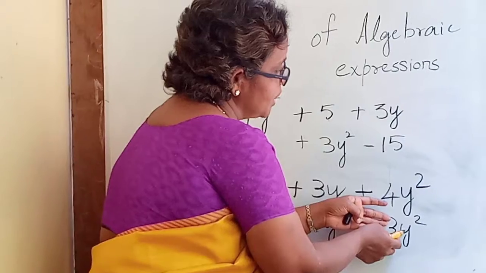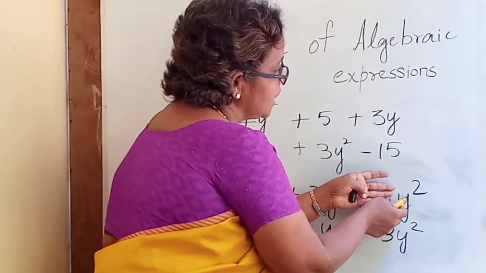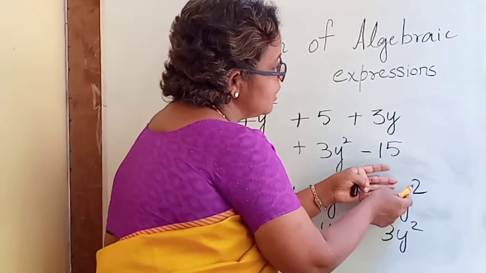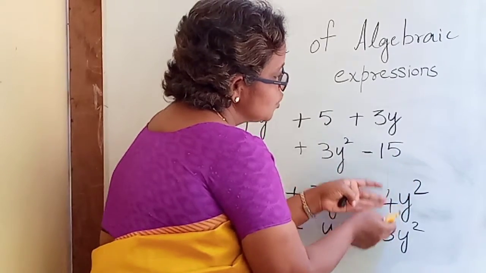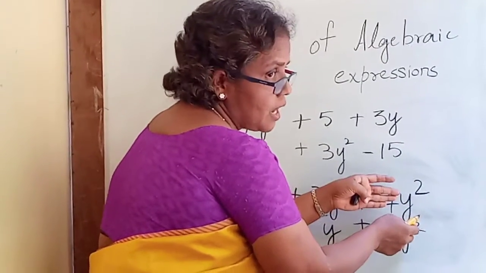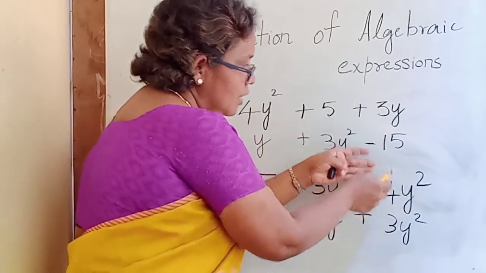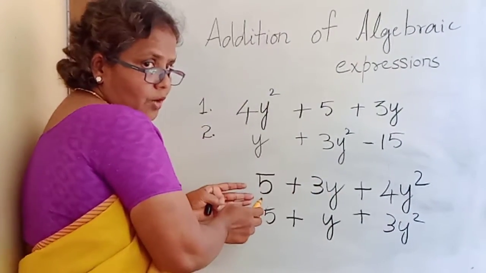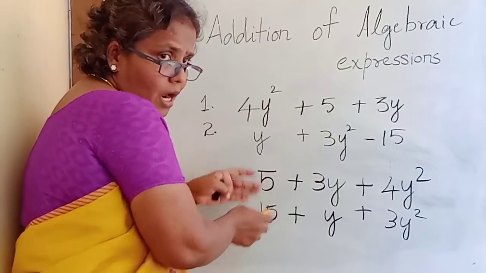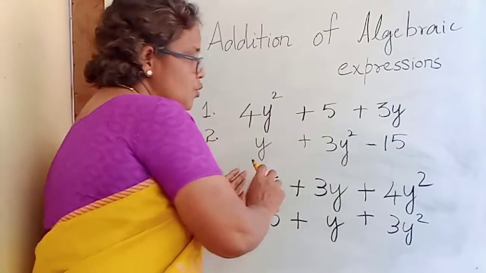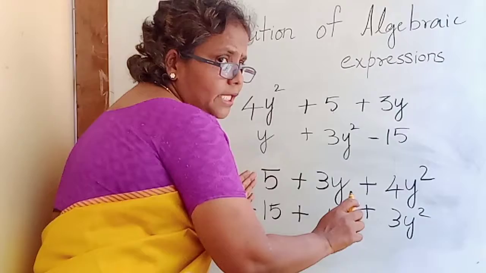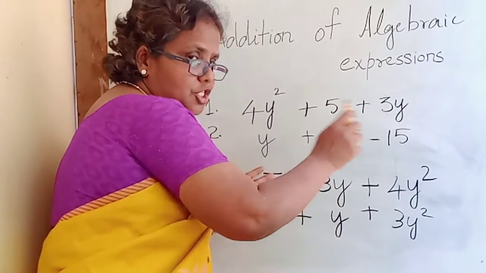A variable with degree 2 is written under a term whose variable is, say, degree 2. So, 4y squared and 3y squared are like terms. That is what rule 2 says. Write the like terms one beneath the other. So, both the quadratic equations are being arranged properly.